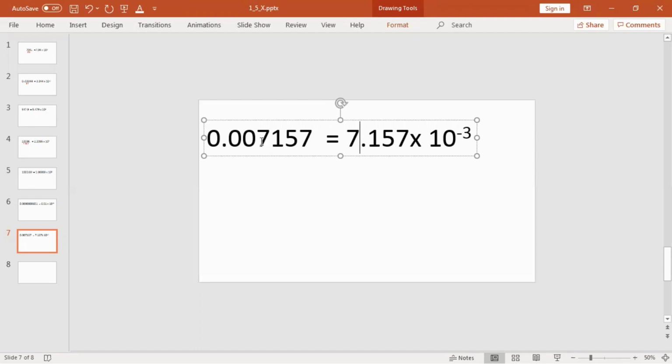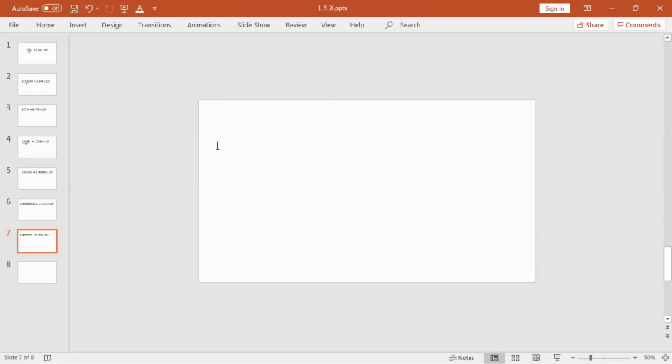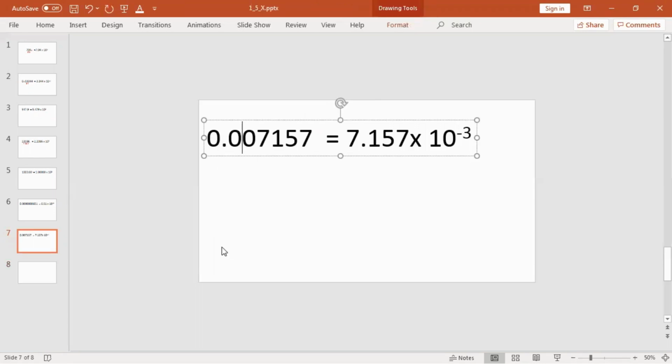And the number of significant figures, again, if the number to the left of the decimal point is 0, it is not counted as a significant figure. And the zeros immediately to the right of the decimal point, either a single zero or a group of zeros, are leading zeros and therefore not counted as significant figures.